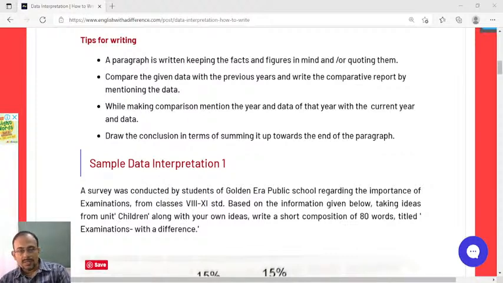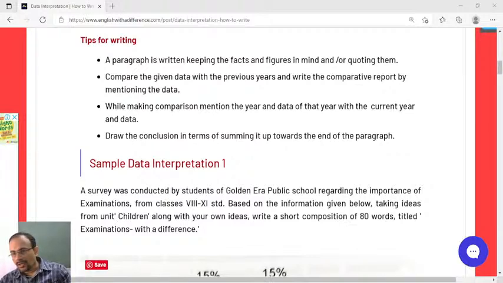But always remember the data is compared among similar kinds only. If it is a subject comparison, then it should be English, math, social science. If it is another category, for example gadgets, then it will be mobile phone, tablet, computer, or laptop.